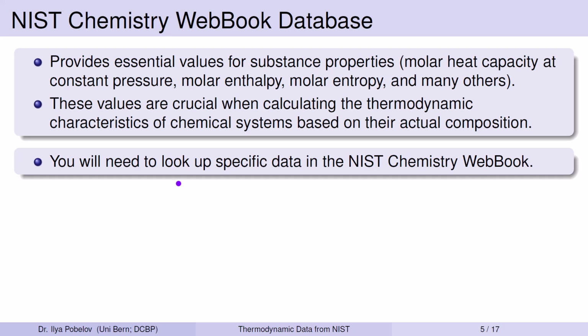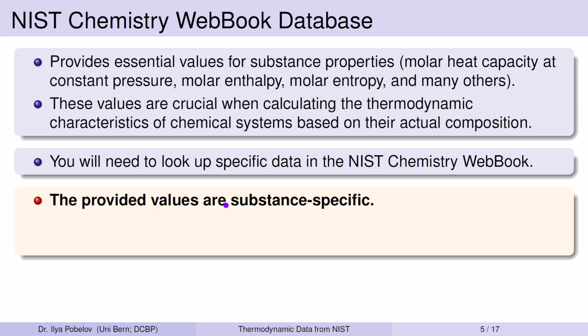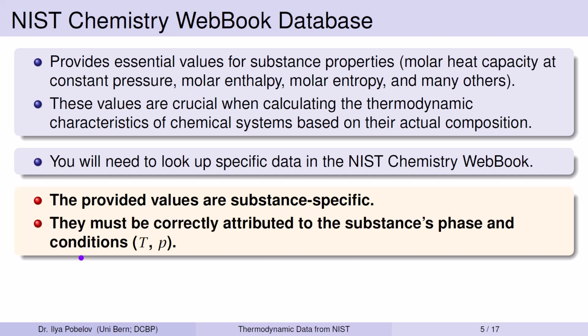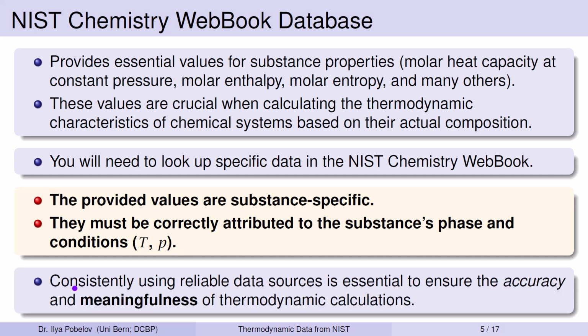Note that this is not always straightforward. The provided values are substance-specific and must be correctly attributed to the substance phase and conditions, such as temperature and pressure. Consistently using reliable data sources is essential to ensure the accuracy and meaningfulness of our thermodynamic calculations.